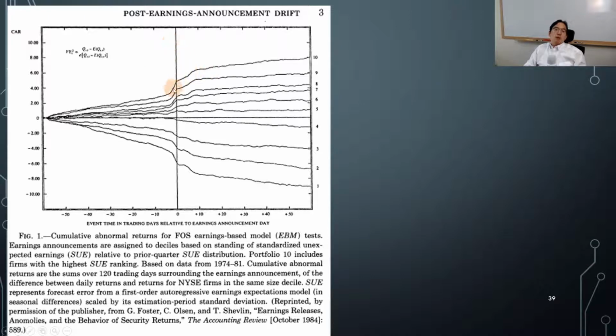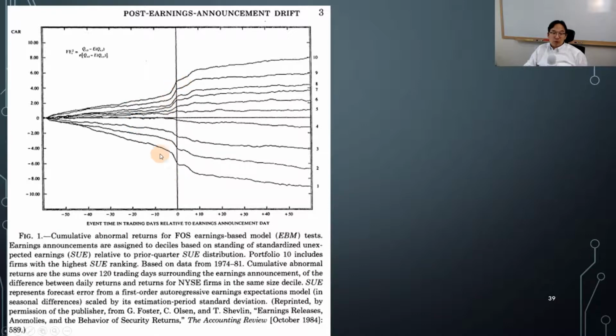So this is the day of earnings announcement, and what you see on the left hand side is the stock price response since minus 60 trading days, 60 trading days before the actual earnings announcement. See what happened for each group of companies, all the way down, most positive to most negative.